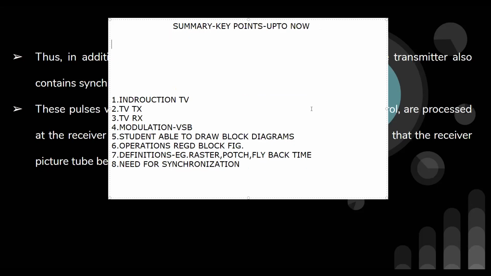So you should be able to thoroughly summarize the key points here. Quickly note down all these key points before finishing this video content.